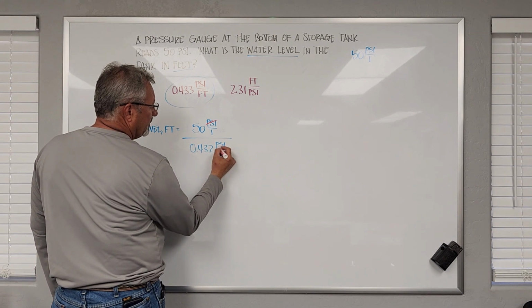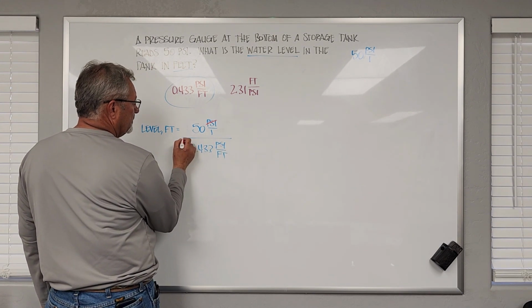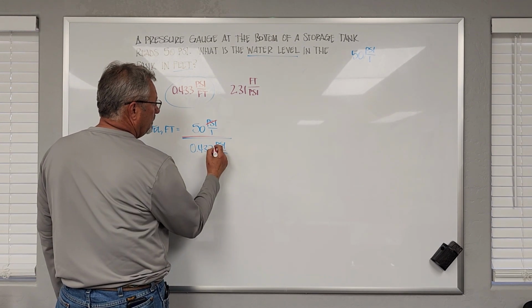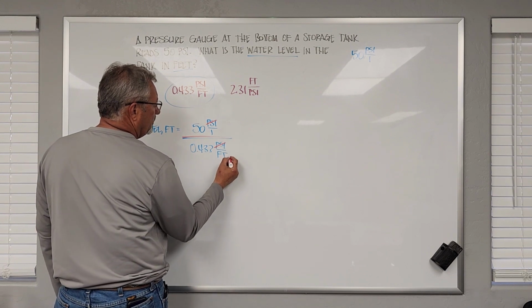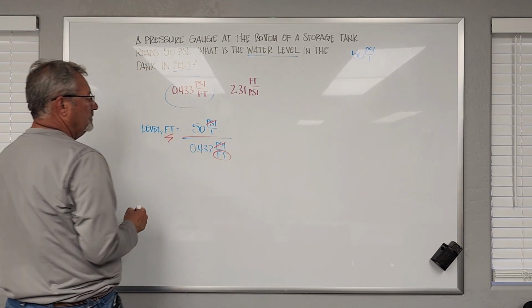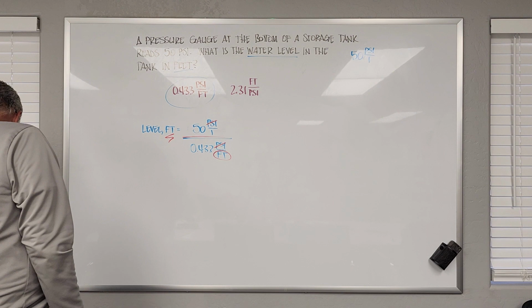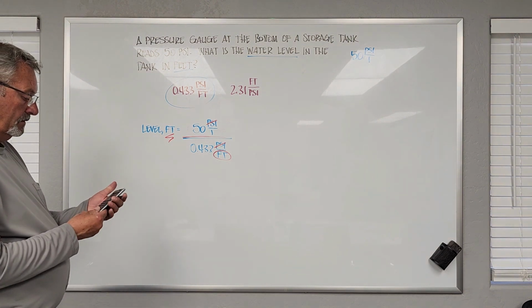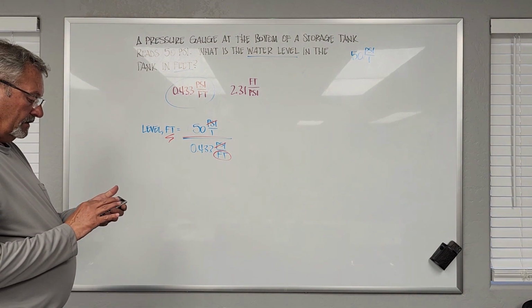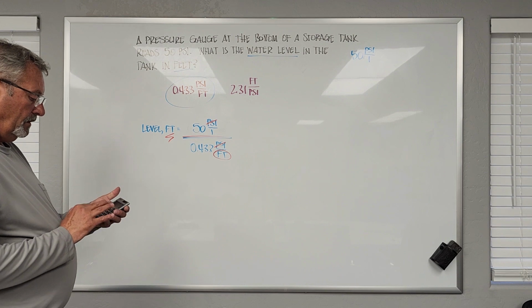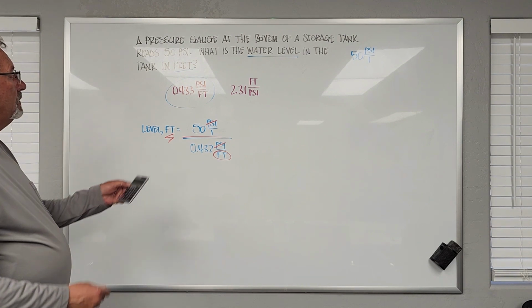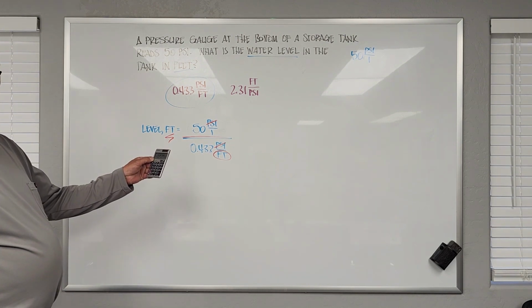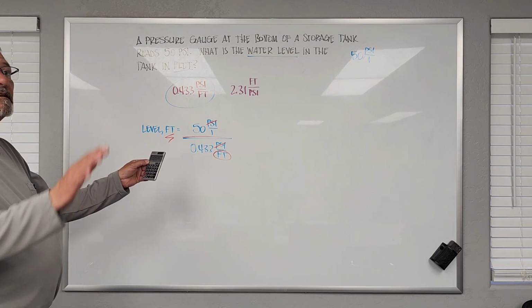And then I have PSI here over the division line, but there's a division line between them, which means I can cross cancel that out. I've got feet. That's the unit of measure I'm looking for. So let's take 50 and divide it by 0.433, and I'm going to get 115.47. So it's a little more than 100.